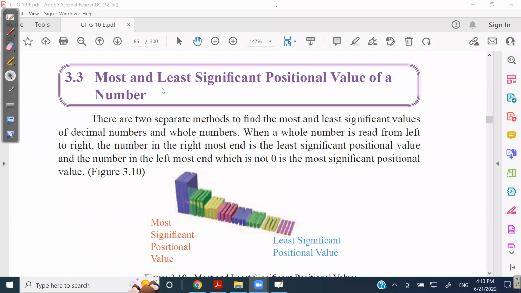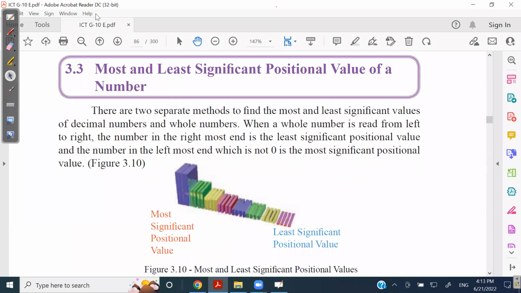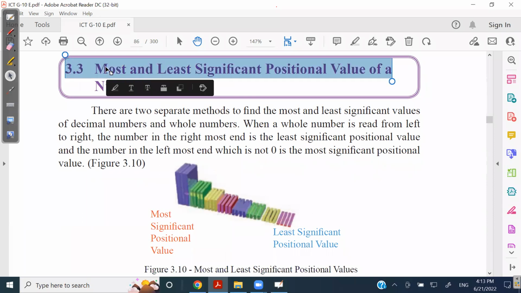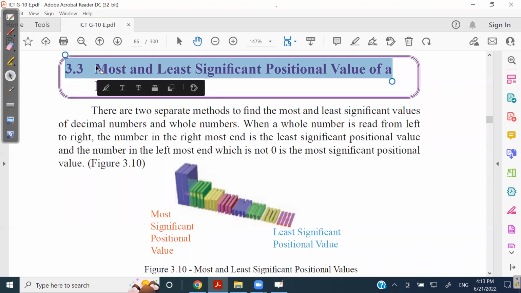Okay, let's go on. We were just talking about the most significant and least significant digits, and now we are going to write the descriptions regarding that, so you didn't miss much. Let's go with the topic: most and least significant positional value of a number. So have that heading, have that topic.